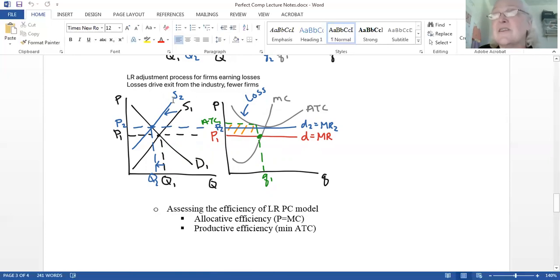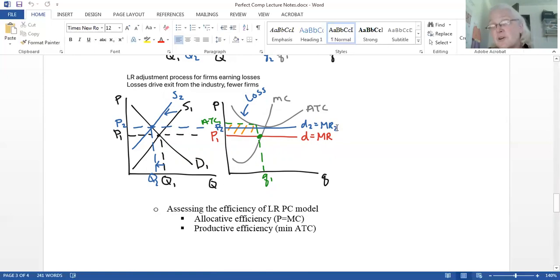With that exit over here in the market, you're going to see that supply curve start to go leftward. Fewer firms, decrease in supply, okay? And again, although I've shown it as a single arrow to the left, that's an oversimplification. It's actually a sequence of small shifts leftward, culminating in the final position of S2.